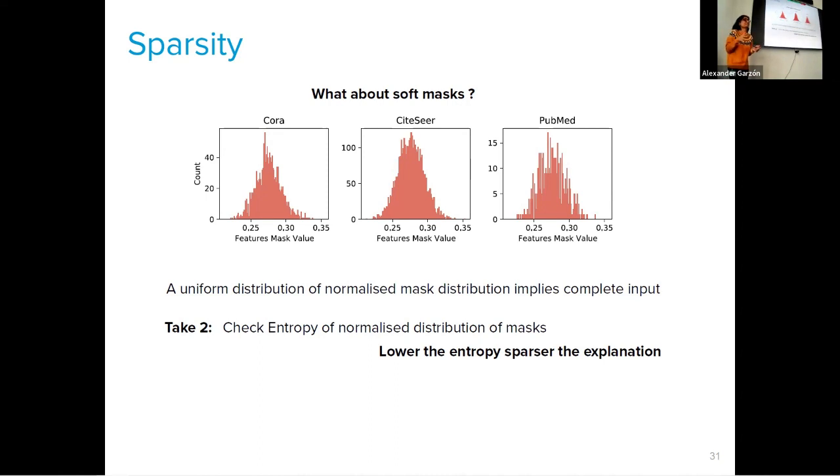All of the features have almost equal importances. Such an explanation is also useless. In this case, you can check the entropy of the distribution of this mask: the lower the entropy, the better it is.